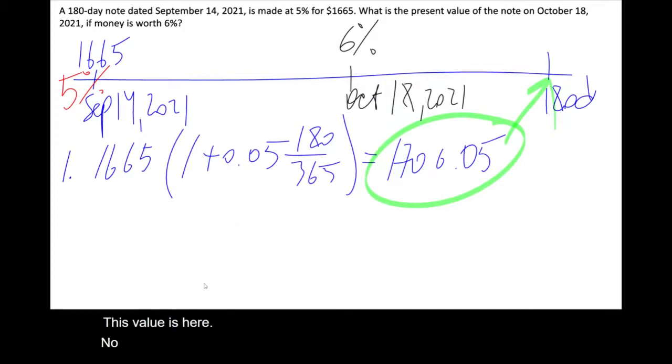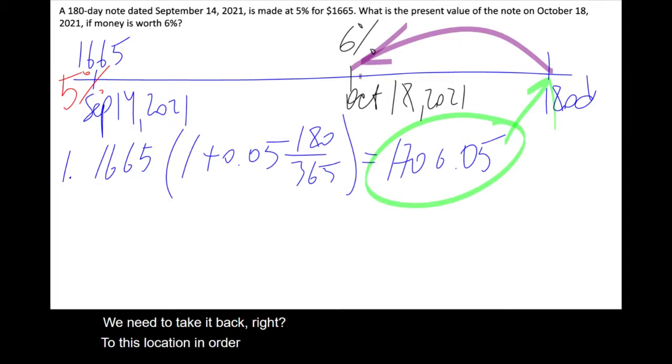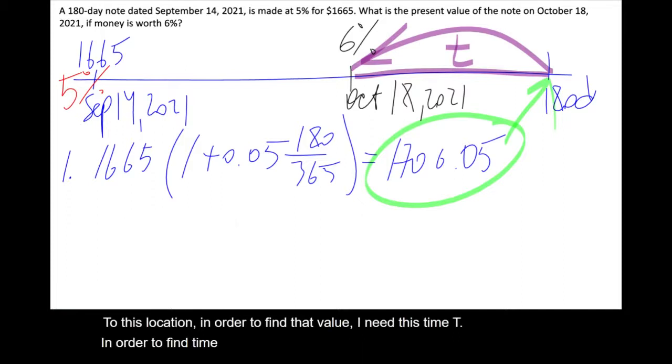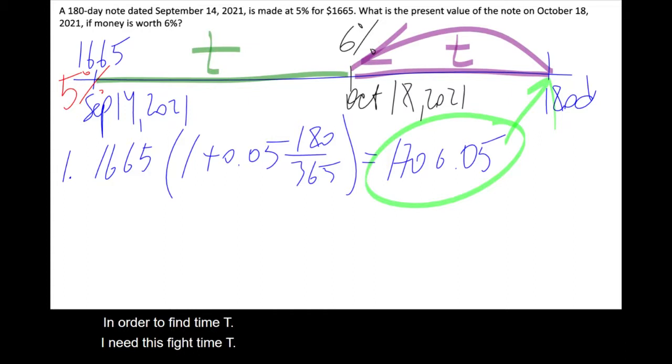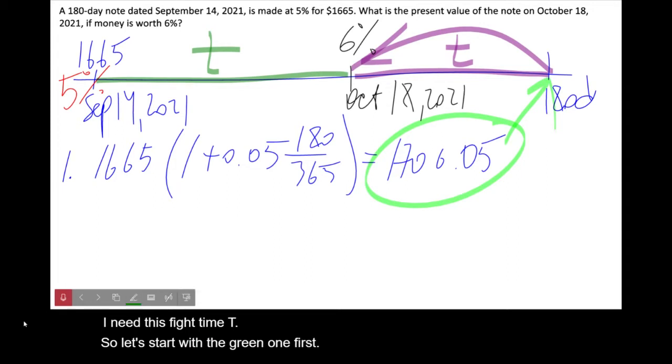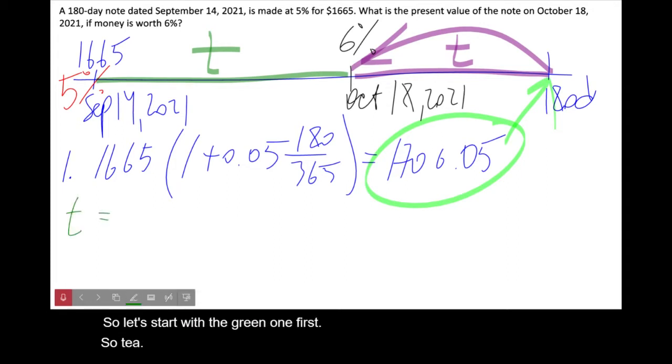Now we need to take it back, right, to this location. In order to find that value, I need this time t. So let's start with the green one first. So t is, October 18 minus September 14.